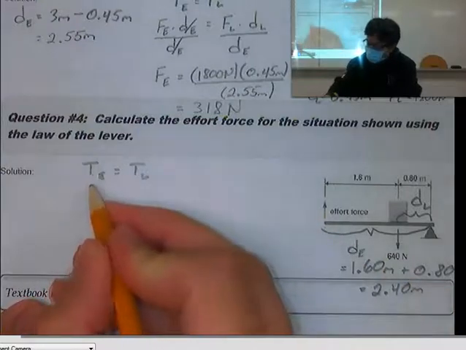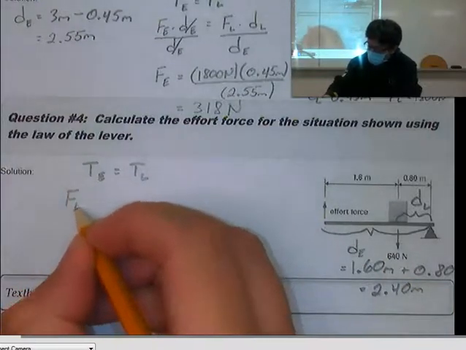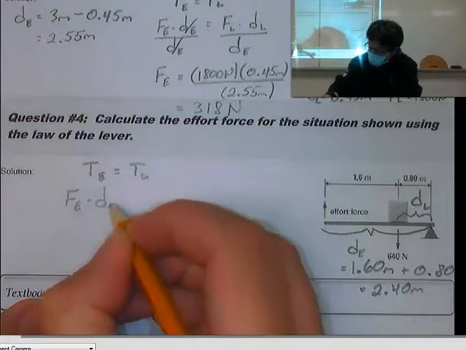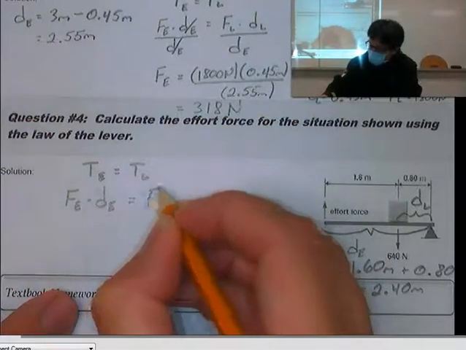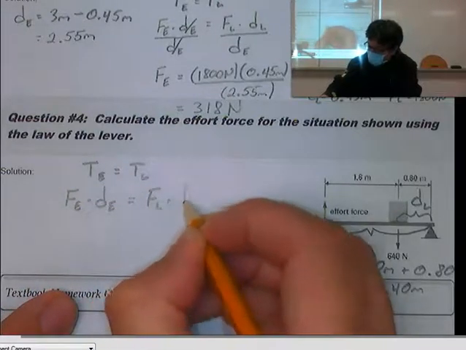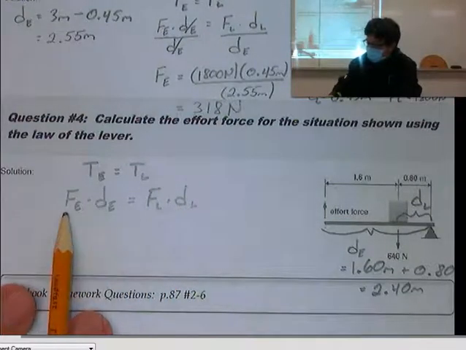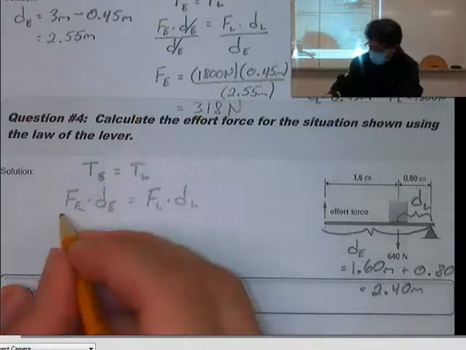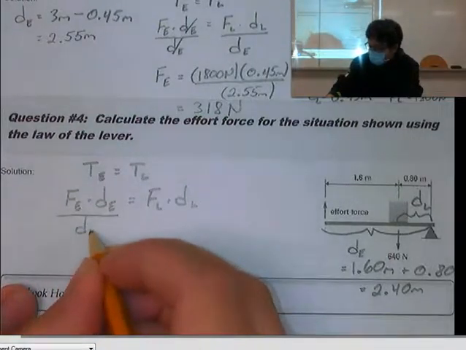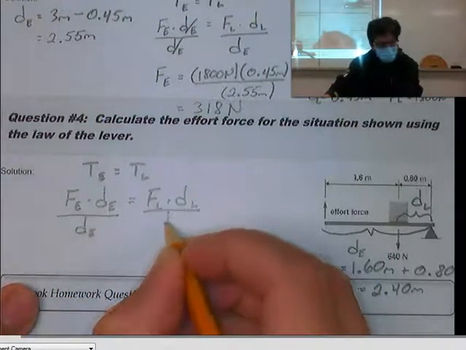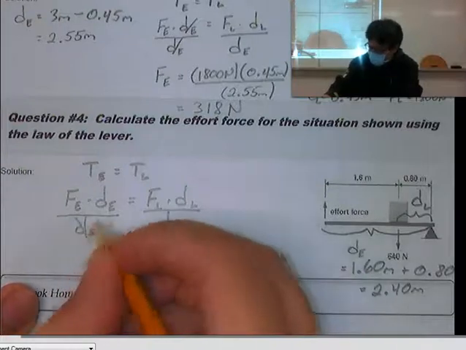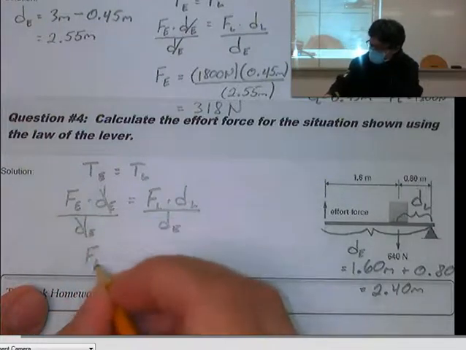So we can take our torques for our effort and for our load. Now we know everything here except for our effort force. So divide both sides by our effort arm, and we can calculate our effort force.